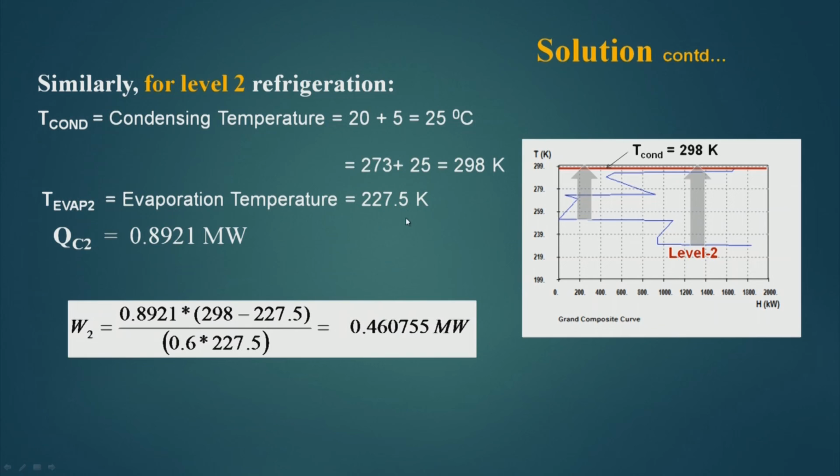This we have fixed in the GCC, if you remember, and the Q which is lifted from this level to this level is 0.8921 megawatt. So, the work required to lift 0.8921 megawatt from this to the condenser level is 0.60755 megawatt. Though here the heat is less, because the distance is more from here to here, I am consuming more power.